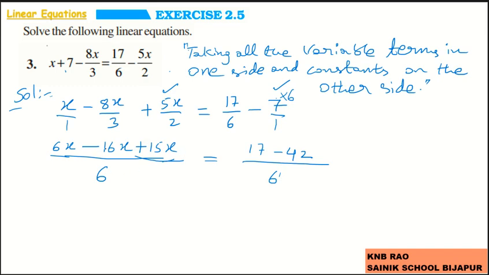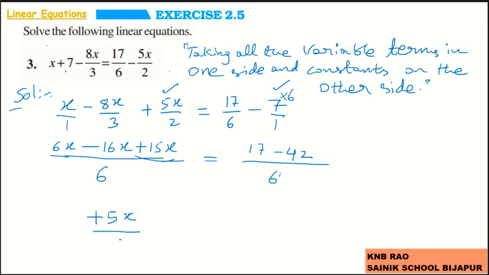Now on simplifying the variable terms, 6x minus 16x plus 15x becomes minus 5x. Is it minus 5 or plus 5? It is plus 5x, because minus 16 with plus 15 becomes minus 1, and plus 6 minus 1 is plus 5.